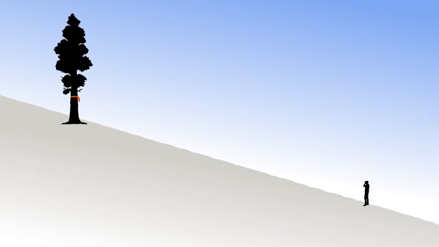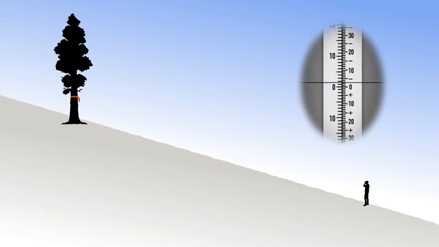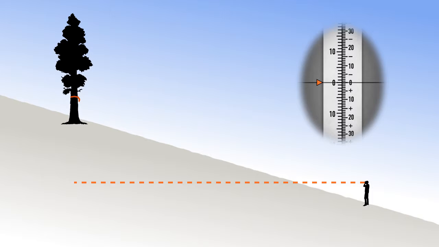So again, looking through the viewfinder, we're going to use the left-hand scale. And if you're looking at the degree scale, first thing you do is zero out the scale itself. So you have that black horizontal line, line up the 0 with that line. And that's going to mean you're pointing right into the ground itself.